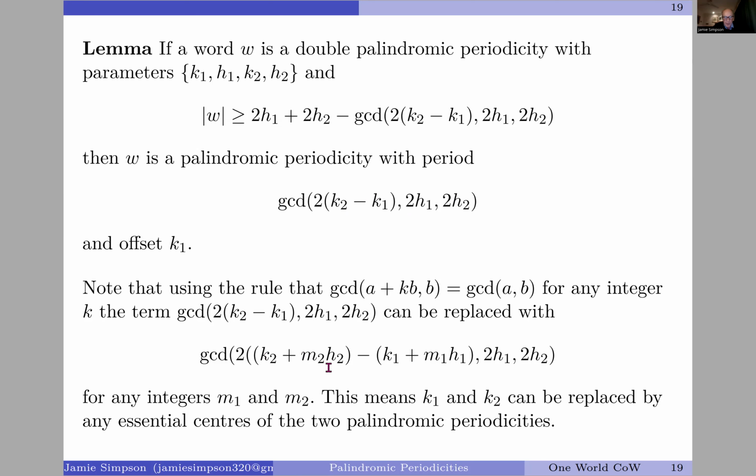And we'd have anything like k2 plus m2h2 and k1 plus m1h1 as being the essential centers we use to set up the palindromic periodicity. So k1 and k2 can be replaced by any two essential centers of the two palindromic periodicities.